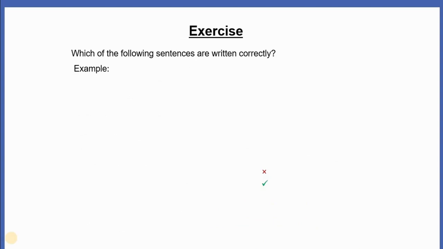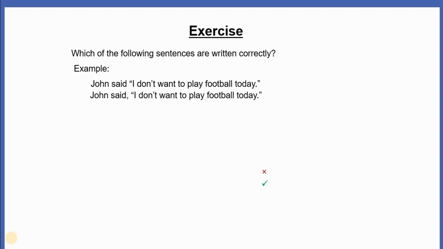Exercise. Which of the following sentences are written correctly? Example, John said, "I don't want to play football today." So here are two sentences. Only one sentence is correct. Which sentence is correct?